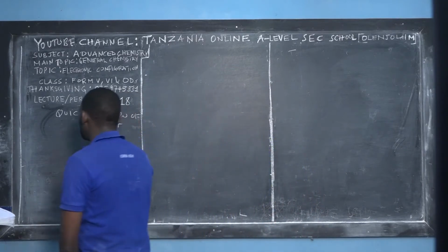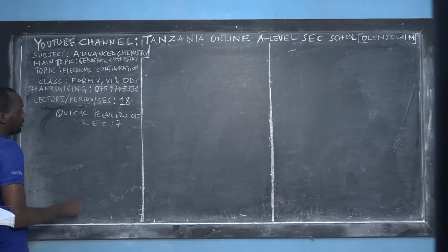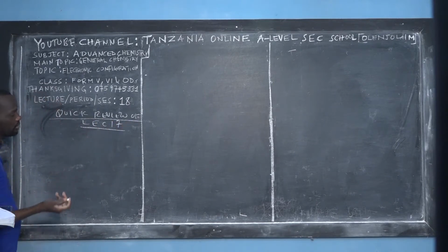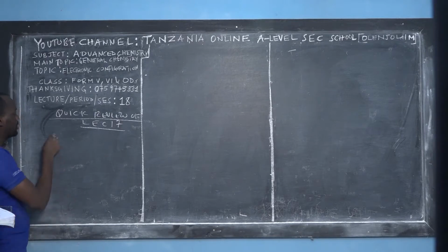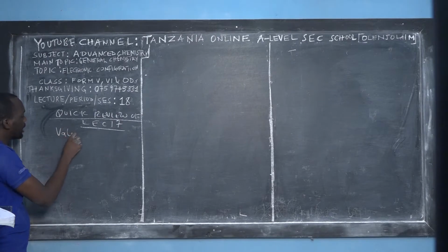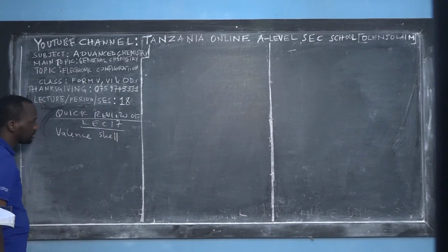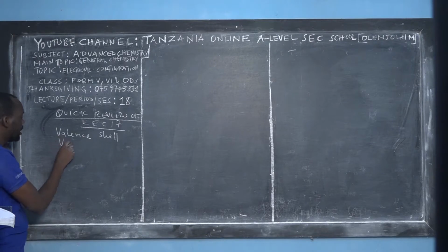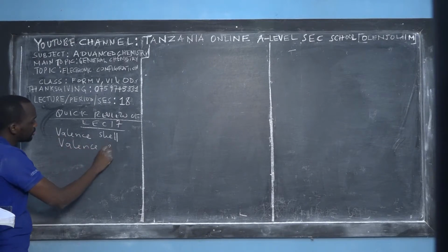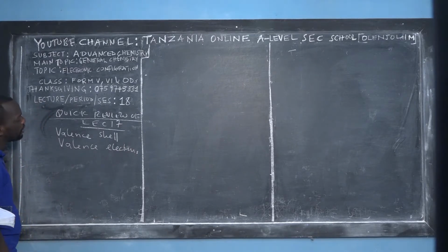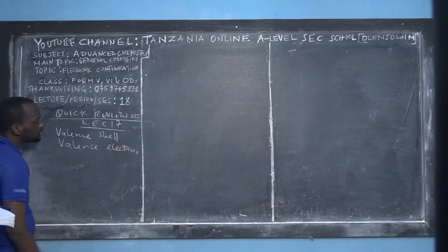So welcome to this part, a quick review of lecture 7. In lecture 7, we covered almost 4 concepts. The first concept was the valence shell, which is the outermost shell. Then we discussed valence electrons, which are the electrons located or filled in the outermost shell.